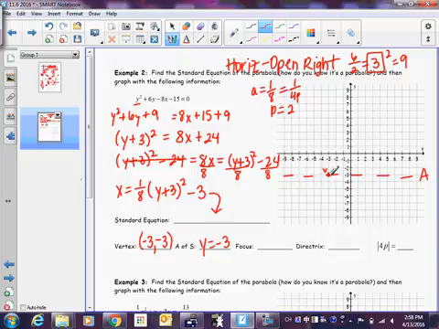All right, so which direction am I going to go to get the focus? Remember, we're opening right. So go to the right 2. And there's your focus, -1, -3. Wait, why is it y equals -3? Because it's a horizontal line. The axis of symmetry was a horizontal line, and the y value is -3.